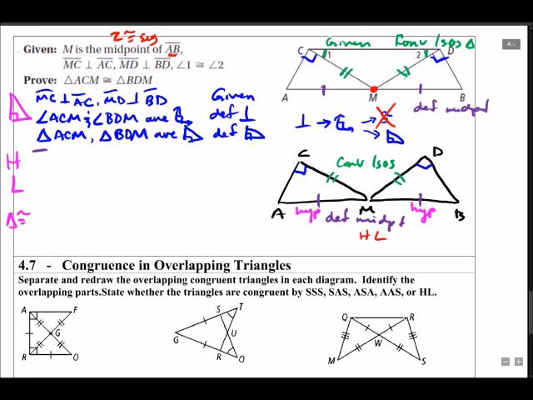So we were told M is the midpoint of AB, segment AB. That's given to us, which lets us say that segment AM is congruent to segment BM by definition of midpoint. All right, where did our leg come from?